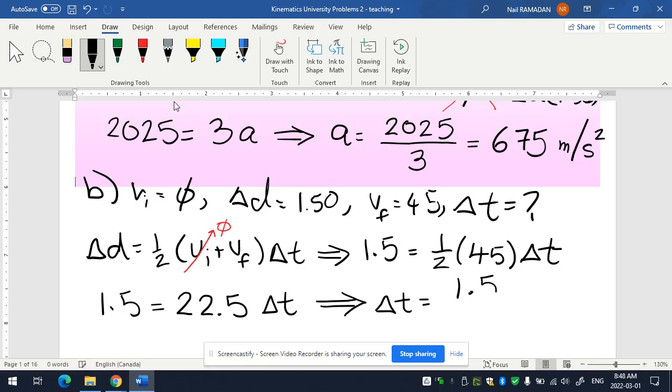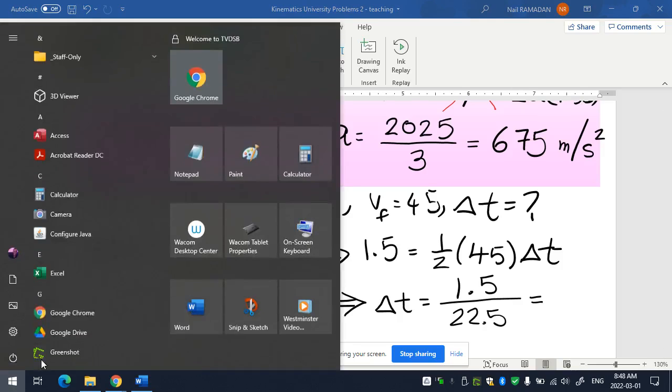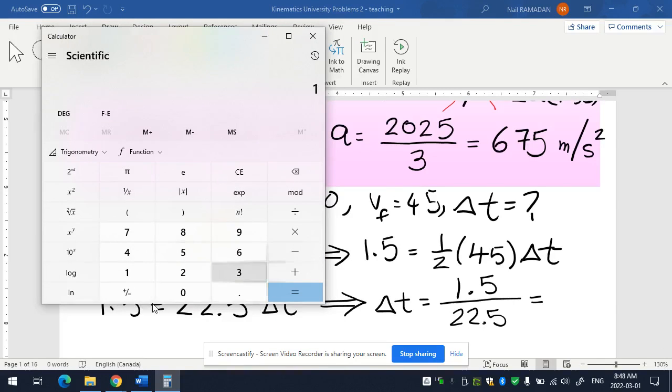So 1.5 divided by 22 and a half. So would that be a very long time or a very short time? Yeah, look, 1.5 divided by 22.5 should be a very small decimal. And the answer is 1.5 divided by 22 and a half.